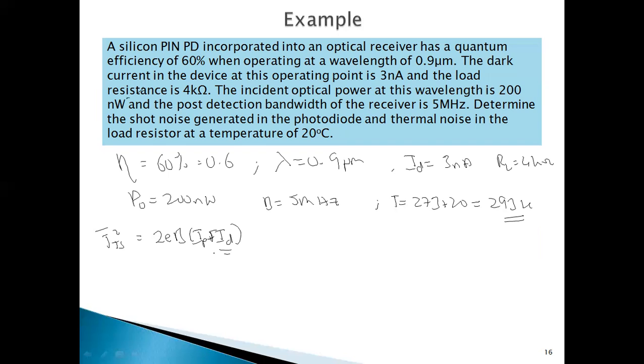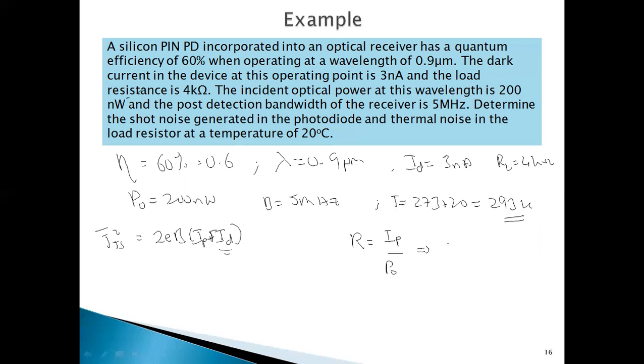For this, we use the equation we have seen before in chapter 5, where the responsivity R is given by the output photocurrent IP divided by the incident optical power P naught. Based on this information, we are given P naught, which is 200 nanowatt.